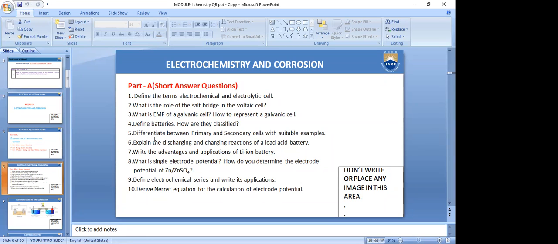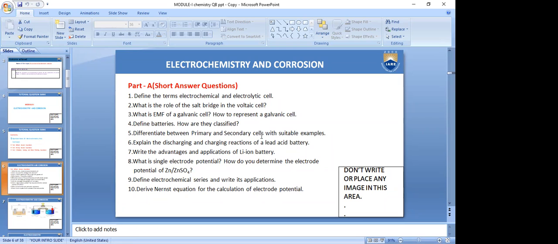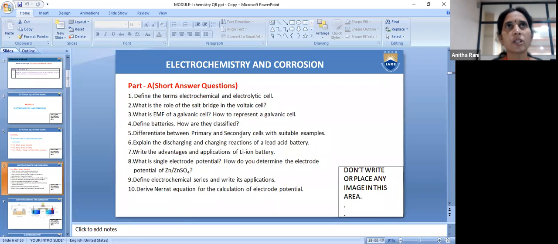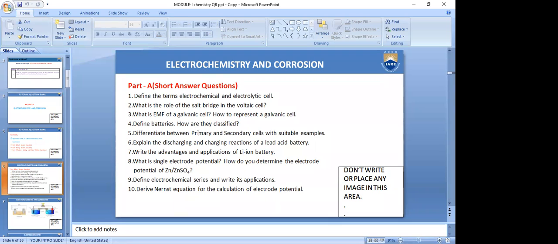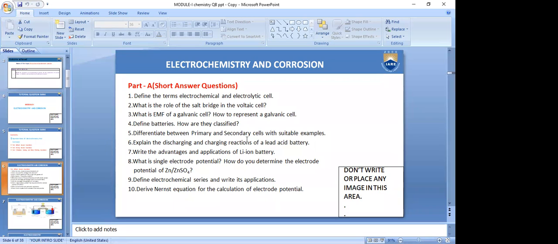Differentiate between primary and secondary cells. Tell 2 points. Primary is non-rechargeable, secondary is rechargeable. The reaction in a primary cell is irreversible, and in a secondary cell it is reversible.